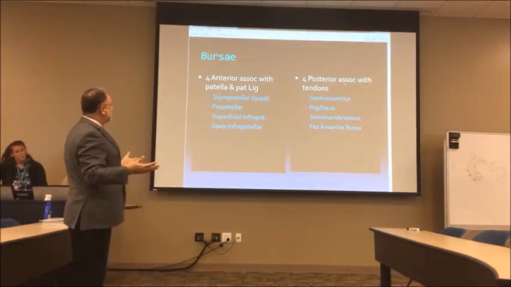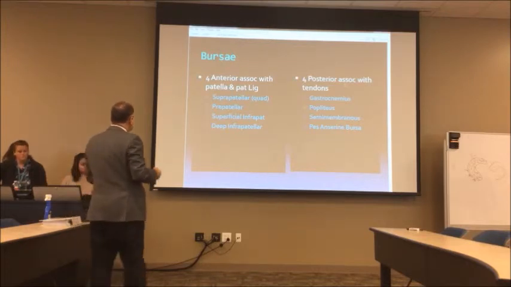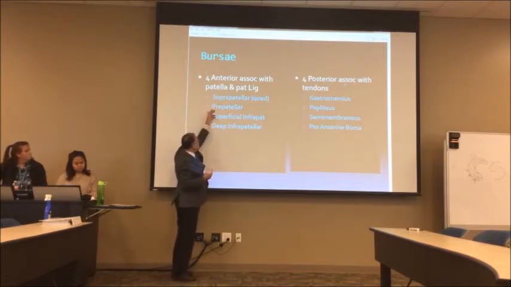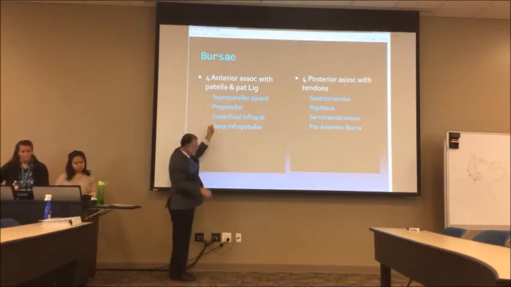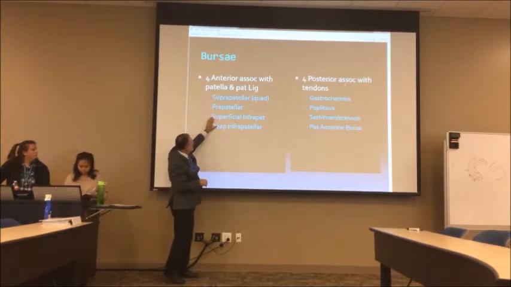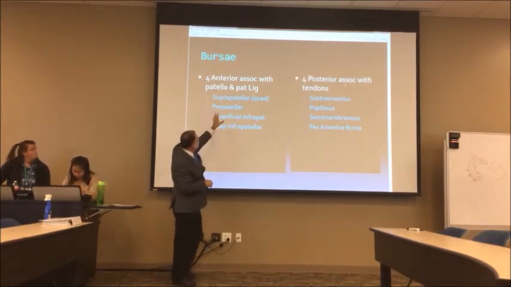Bursa, as in every single part of your body, you're going to have several bursas. Probably the most important ones, considering you might have symptoms, would be the prepatellar, which you can really feel, very simple. The suprapatellar, where the quadriceps muscle is, and you're going to have two infrapatellar, superficial and deep. And that's anteriorly.